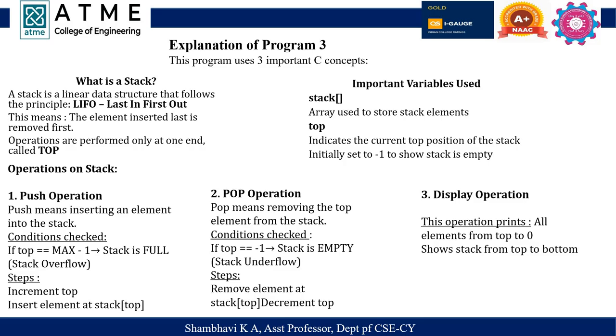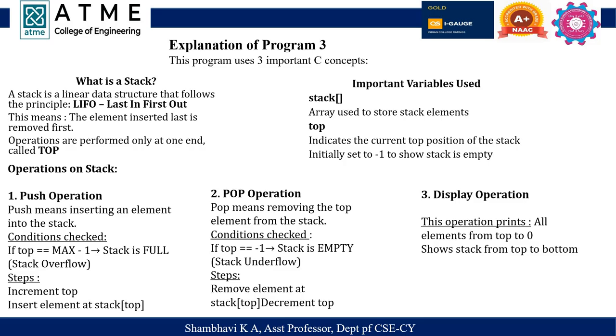Second operation is pop. Pop means removing an element from the stack. When the user selects this option, the program removes the top element from the stack and it will check if the stack is empty or not. To check if the stack is empty, we use the condition, that is if top is equal to -1.